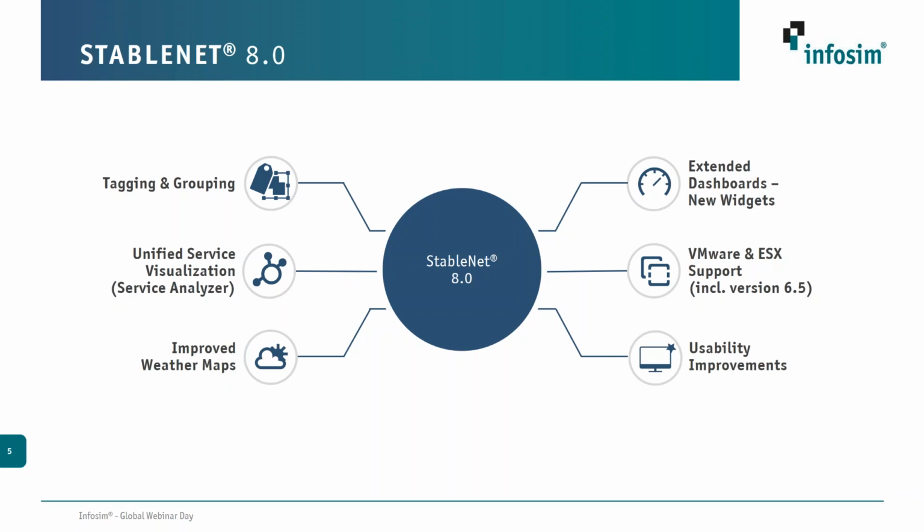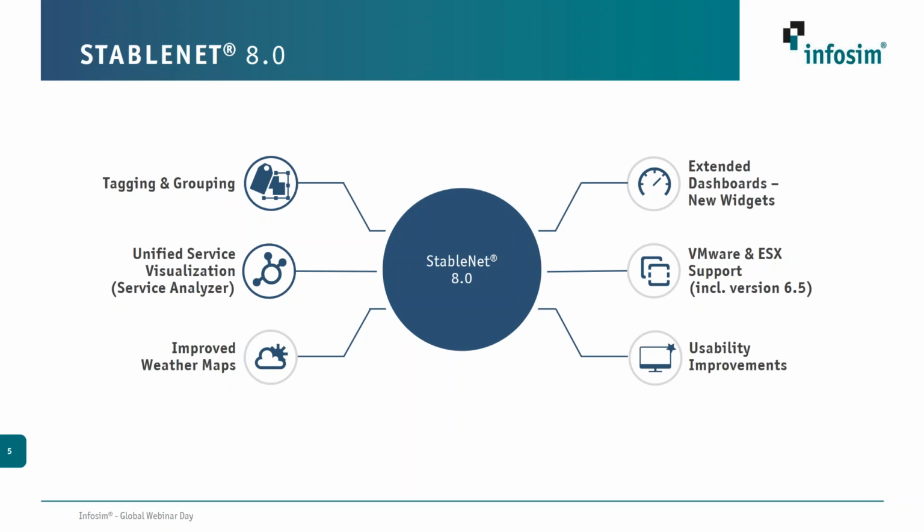And this would be mainly two very important features, the tagging and grouping, which will allow you to use tags to group elements, to use the tags for filtering, to improve your workflow in a general way. And then, of course, the unified service visualization, the new service analyzer to be able to view services multi-layer across several vendors with an end-to-end view, a real end-to-end view.